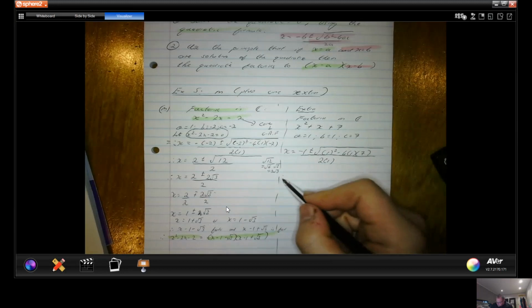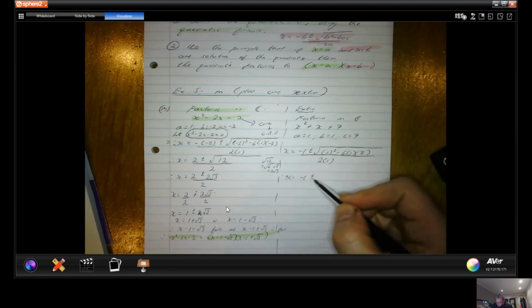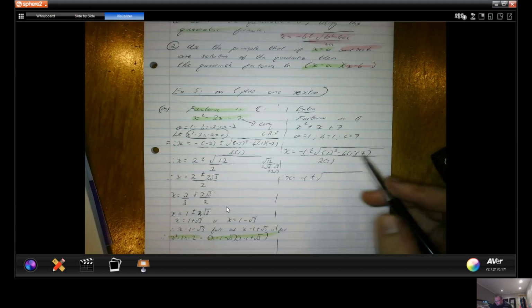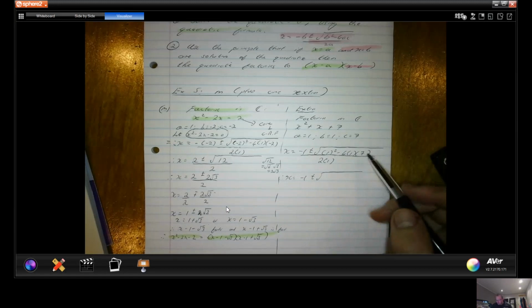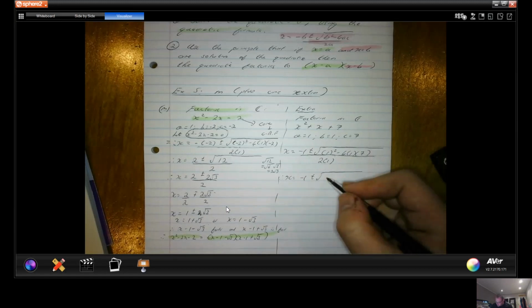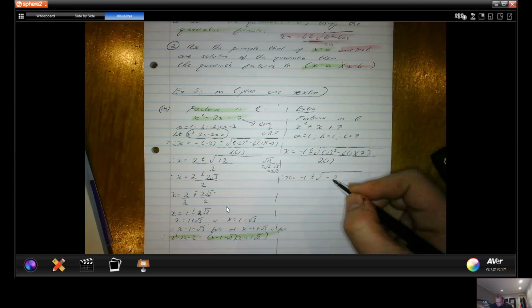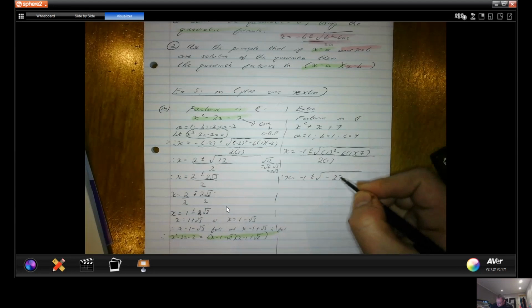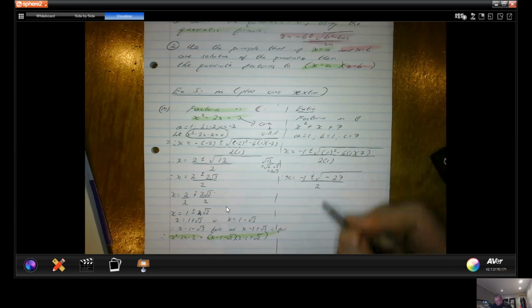So therefore, x is equal to minus 1 plus minus, well, you get 1 minus 28, which is minus 27, all over 2.